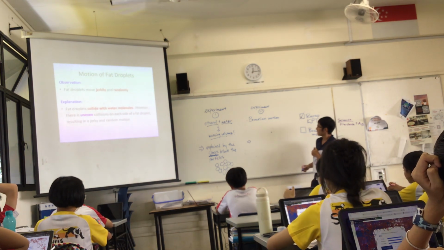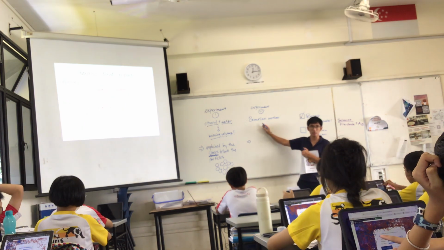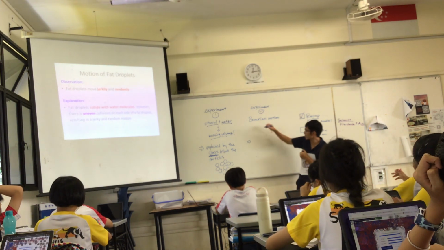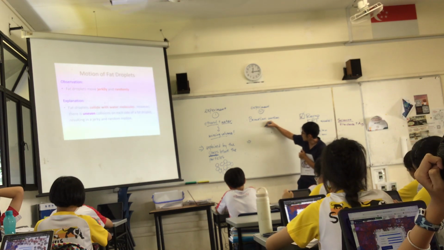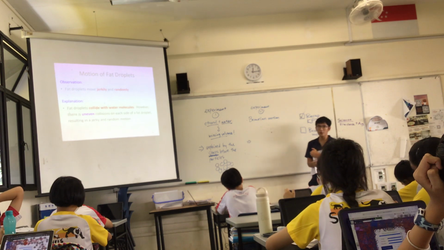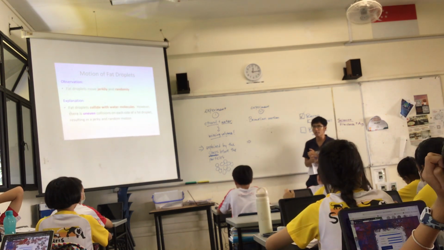Microscopically, when we look at the Brownian motion experiment, how come we can observe these pollen grains or the dust or the fat droplets moving in a jerky fashion?